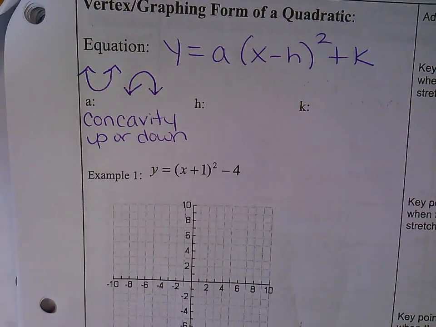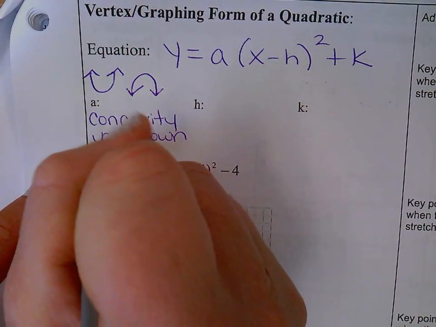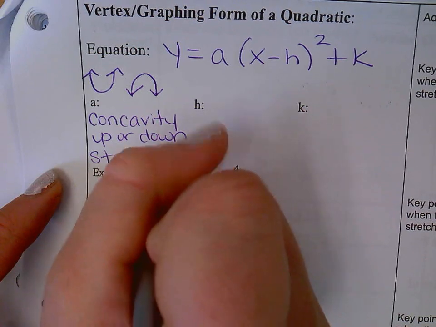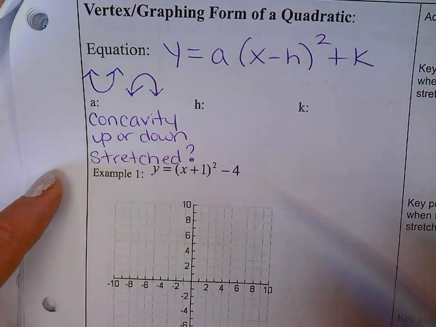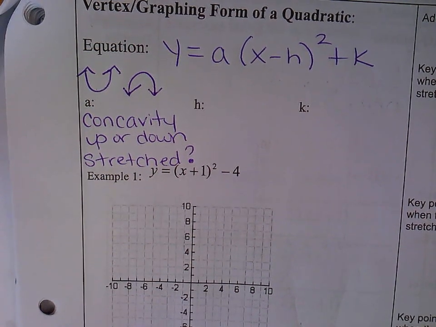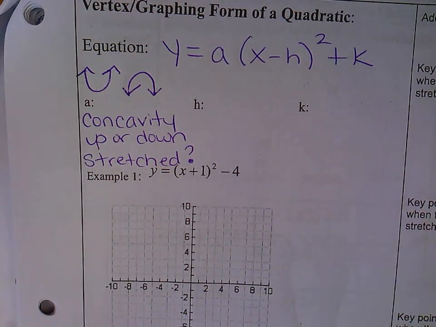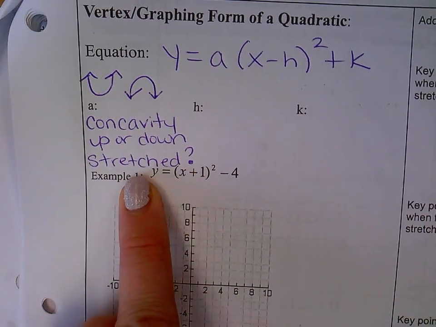The A is going to tell you that. And it also is going to tell you if it is stretched. I'm going to write stretched question mark because we already know what stretch means, right? If it's 2 times the number, it's stretched. If it's only a half times the number, it's less steep. So it's our concavity and our stretch.